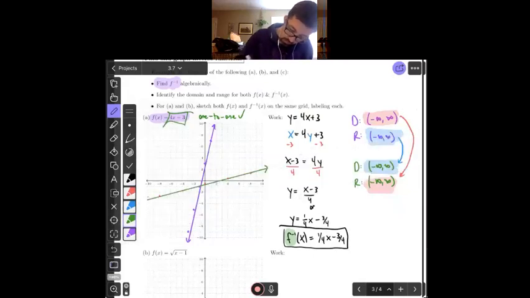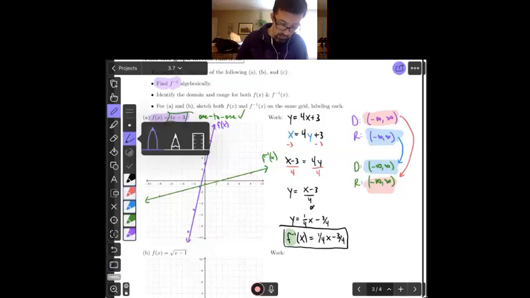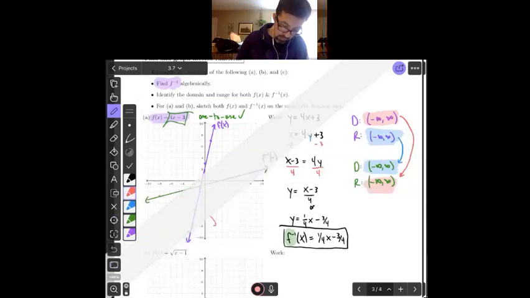So there's f inverse. It did ask us to label them, so we need to be careful about that. Since we are doing two graphs on there, we wanted to make sure we label them. So f and f inverse. And then if we drew the line y equals x, just to check to make sure they are actually reflections of each other, just go corner to corner. You should do this one dashed because it's not actually there.